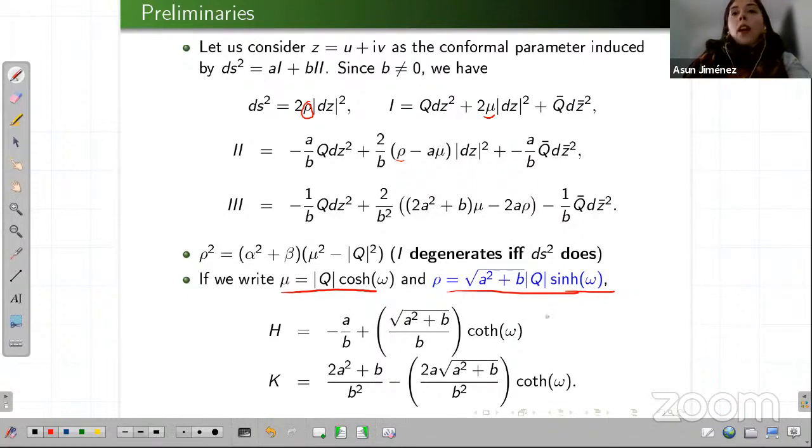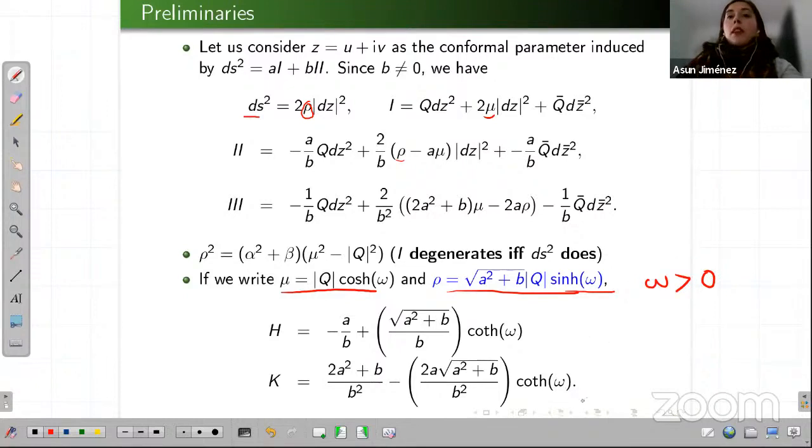Observe that when omega goes to 0, the Gaussian and the mean curvature, which are written here, blow up. So at isolated singularity points of elliptic linear Weingarten surfaces, you will have the Gaussian curvature going to plus or minus infinity. I forgot to say that since the metric ds squared is assumed to be Riemannian, here omega is bigger than 0.